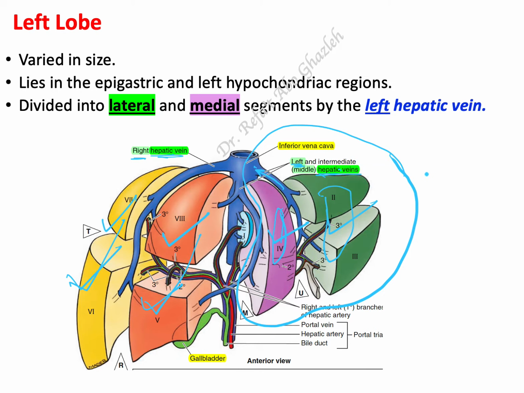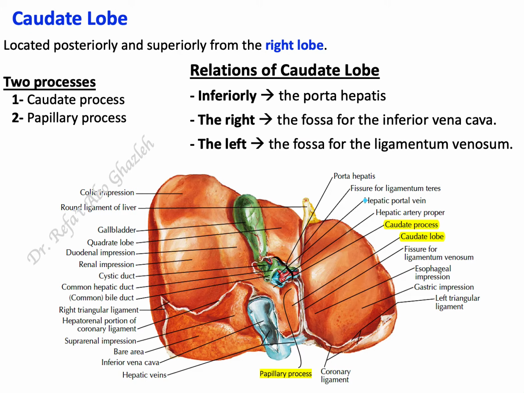Okay, let us now shift to the caudate lobe. When you say caudate lobe, always keep in mind that we're talking about a small lobe located posteriorly, here we go, which is close to the inferior vena cava, between the inferior vena cava and the groove for the ligamentum venosum. Okay, here we go.